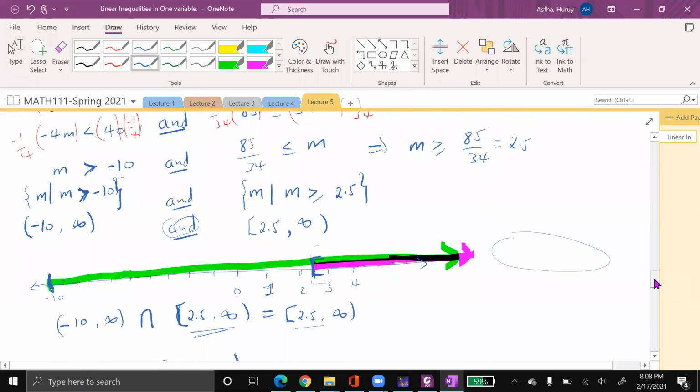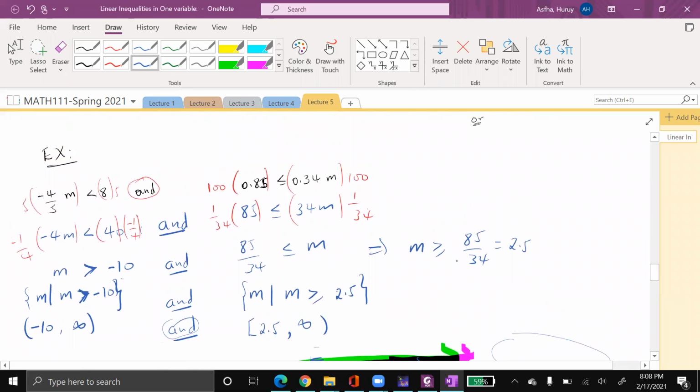And you can try any number now. Pick any number greater than 2.5, let's say 10. If you pick 10, try it here. -4/10 times 10, this is -8 on the left side, and here we have 80, and -80 is less than 80.